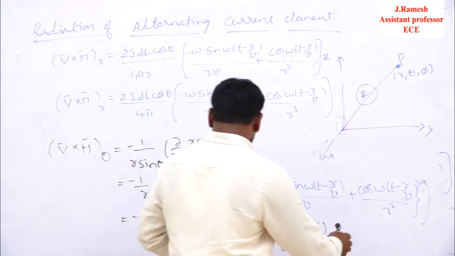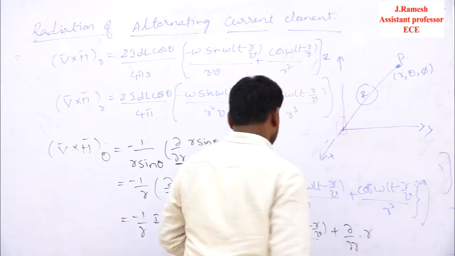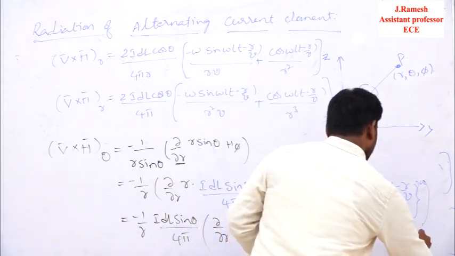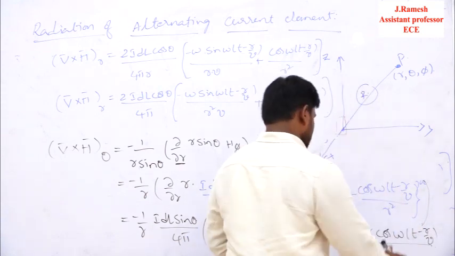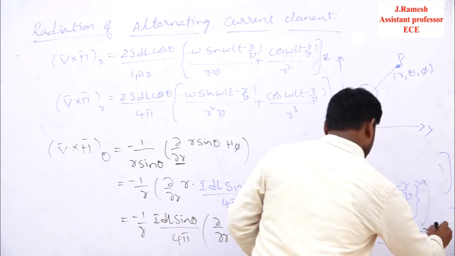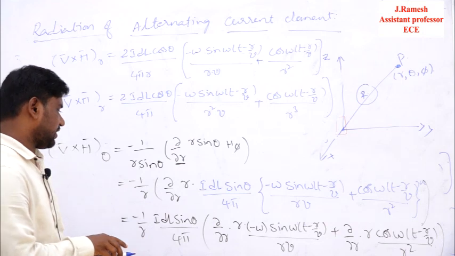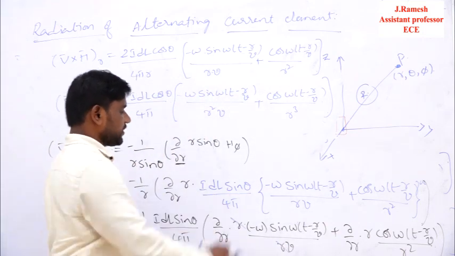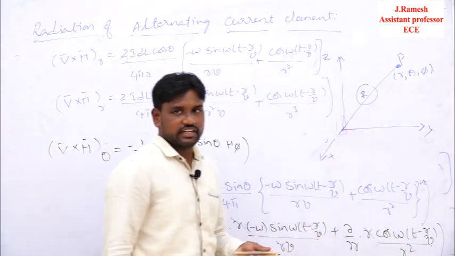Again I have to take dou by dou r of r multiplied with cos omega into (t minus r by v) by r square. So the r square term is as it is. Now if you observe here, the r terms both get cancelled.